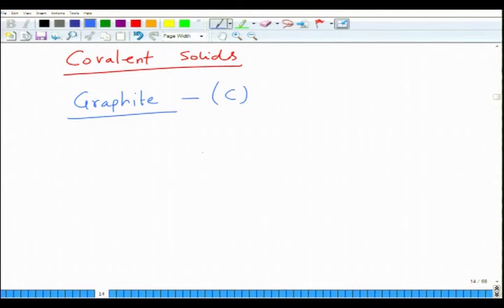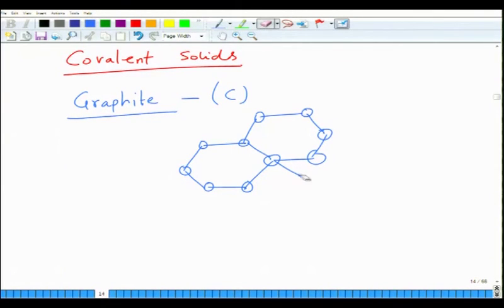It has these hexagonal sheets. We can see that each atom has how many neighbors? If you look at this, it has 3 neighbors. This is an sp2 hybridized structure.